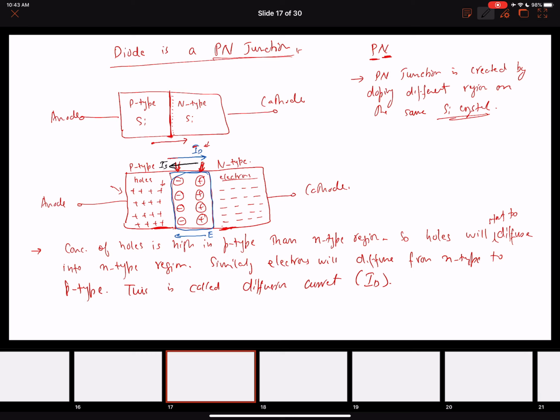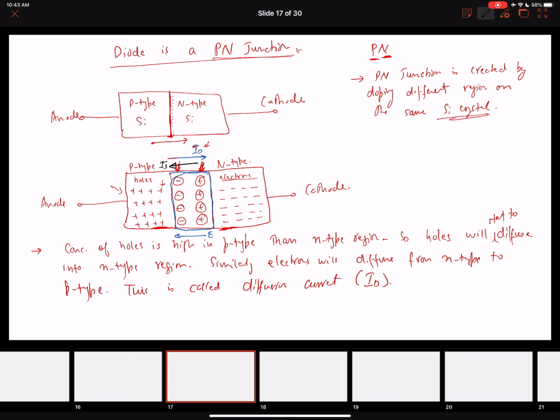All right. So the three important things to note about the drift current IS. One is that it is because of the flow of minority charge carriers across the junction. And minority charge carriers, we discussed earlier, are usually thermally generated. As the temperature increases, the covalent bonds break down and create electron-hole pairs. So we have a bunch of these minority charge carriers that can also flow.